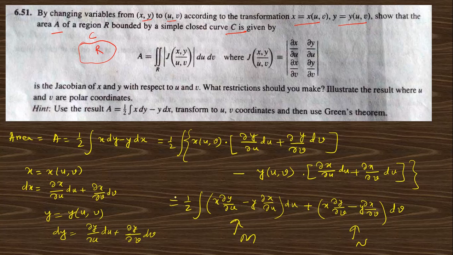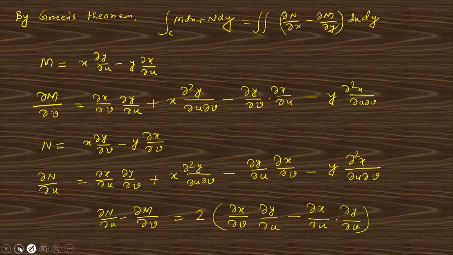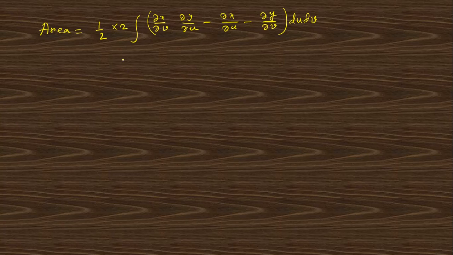So this is uv, so this becomes du dv. Clear?